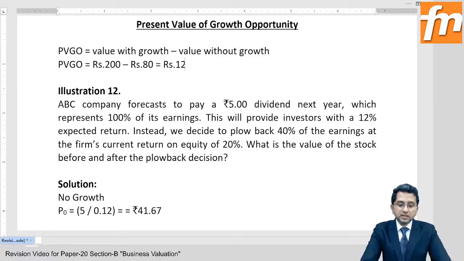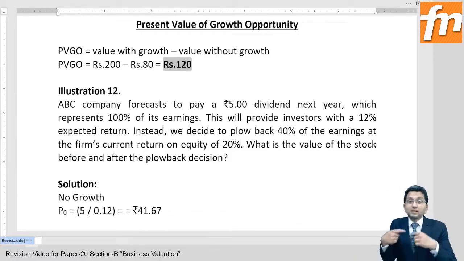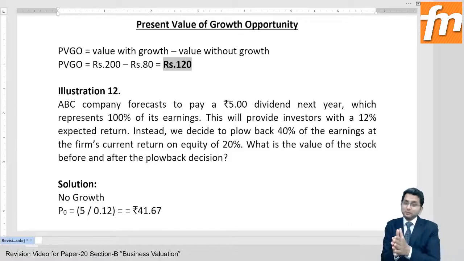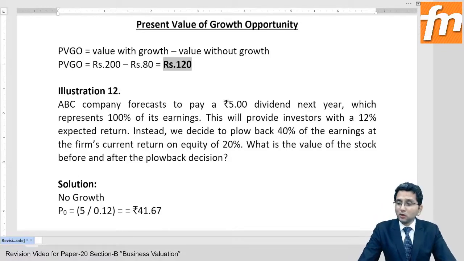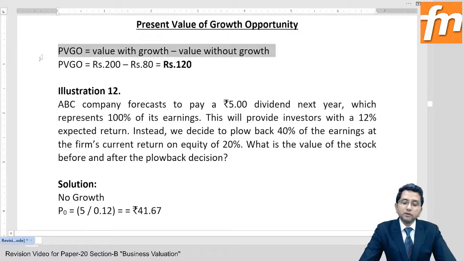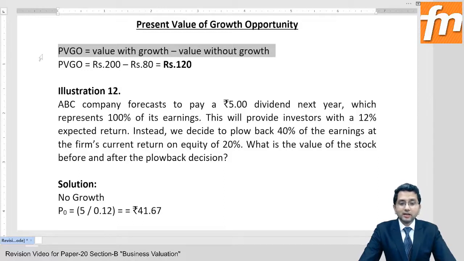What does it mean? This extra 120 rupees is due to the fact that company is expected to grow at the rate of 10%. This is called present value of growth opportunity. So it's very simple. You make valuation with growth, then you make valuation without growth, and calculate the difference.